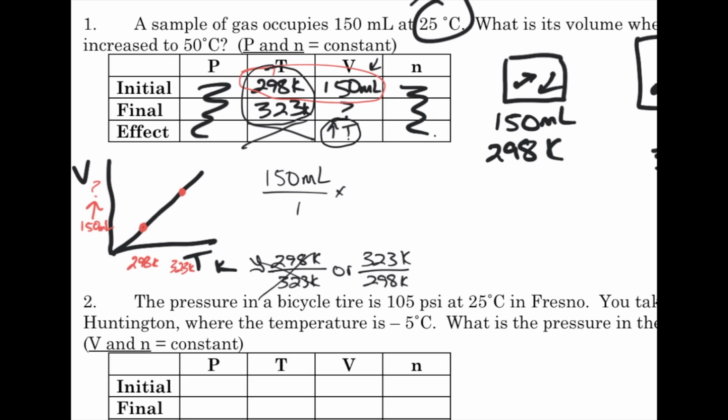We'll look at lots of examples here. So we would want to use this conversion factor right here, which is 323 Kelvin over 298 Kelvin. Our like units would cancel out, and we would end up with 163 milliliters when we multiply our fractions. So this is the correct answer to this particular problem.